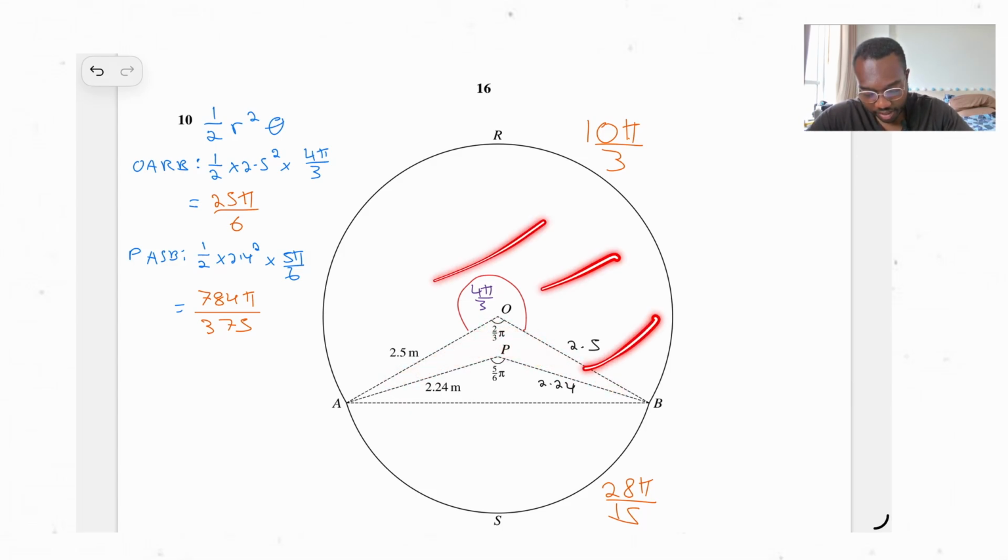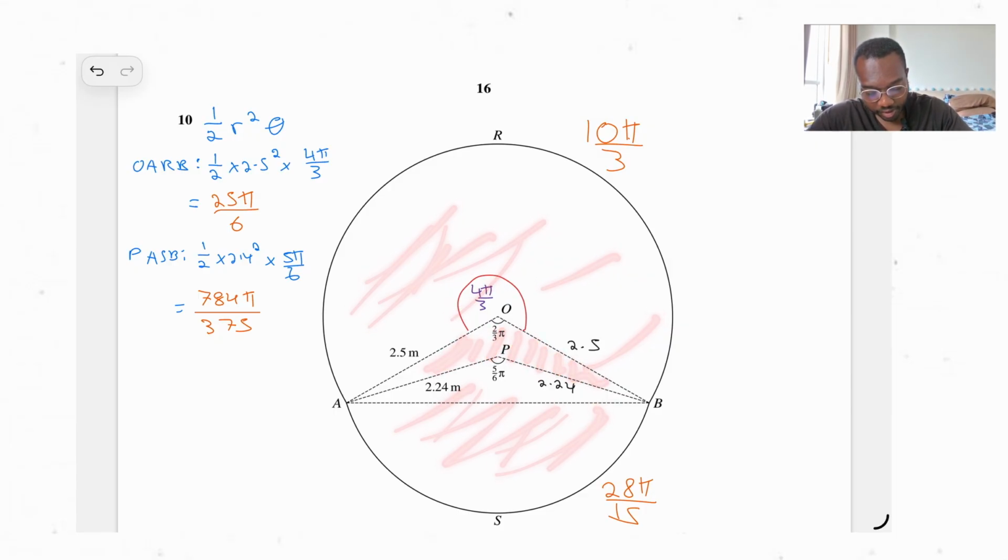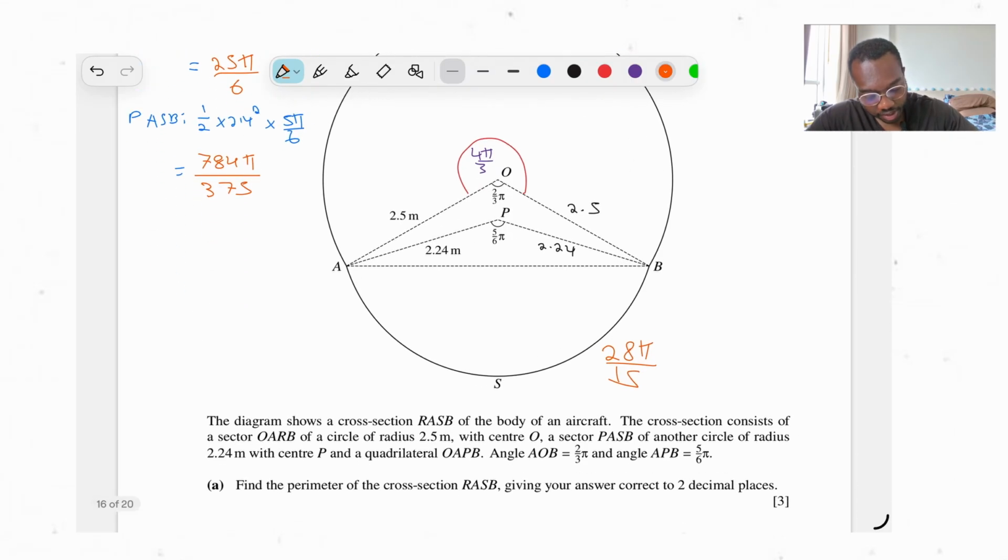We know the area of this, we know the area of this, and we also know the area of this, which is our answer to part B. And now we can just add them all up together. So we do 25 pi over 6 plus 784 pi over 375 plus the 1.45. And if you add all that up together to one decimal place, you get 21.1.